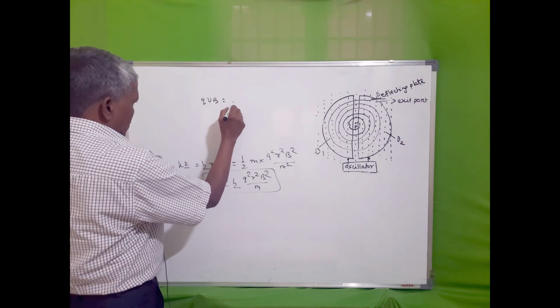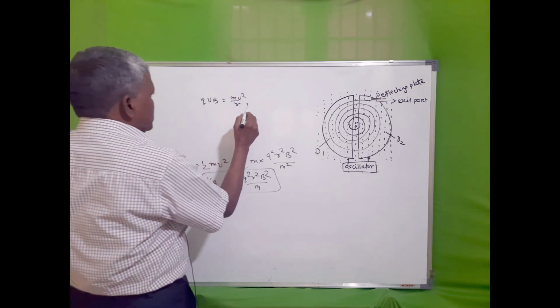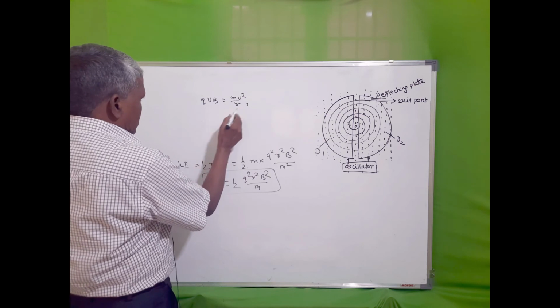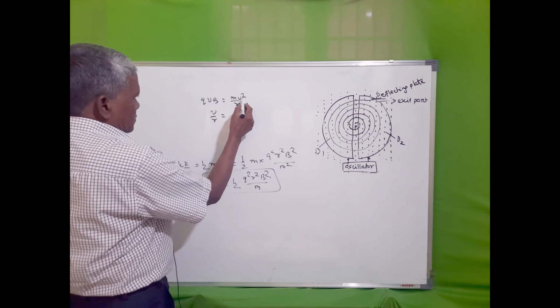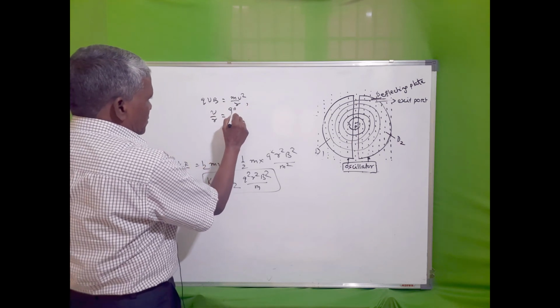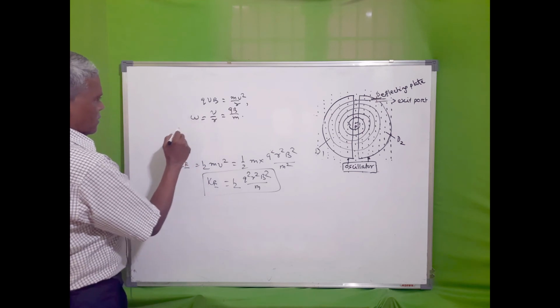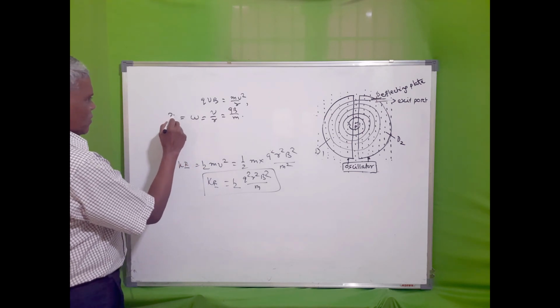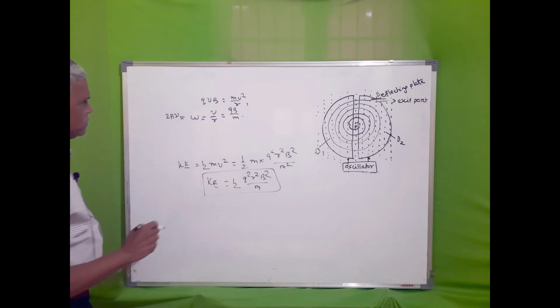qvB is equal to mv square by r, or v by r is equal to qB by m. This is omega, this is 2 pi into frequency.